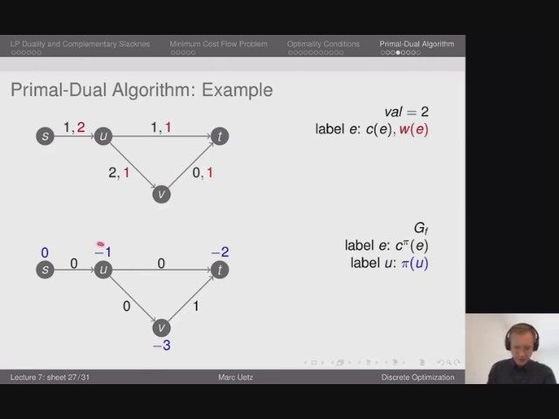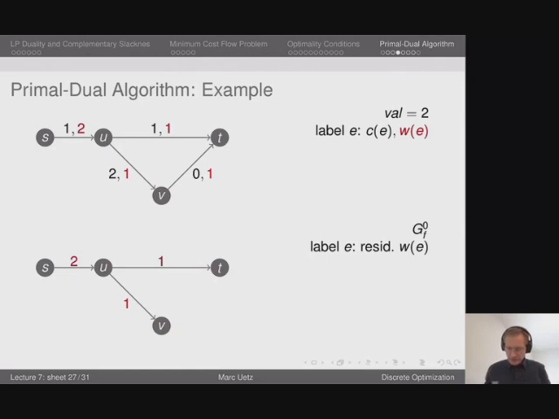So that means u will get a node potential of -1, t will get a potential of -2, and v will get a potential of -3. Now you already see also here the new reduced cost coefficients and exactly the corresponding shortest path tree consisting of the edges which have a 0 reduced cost.